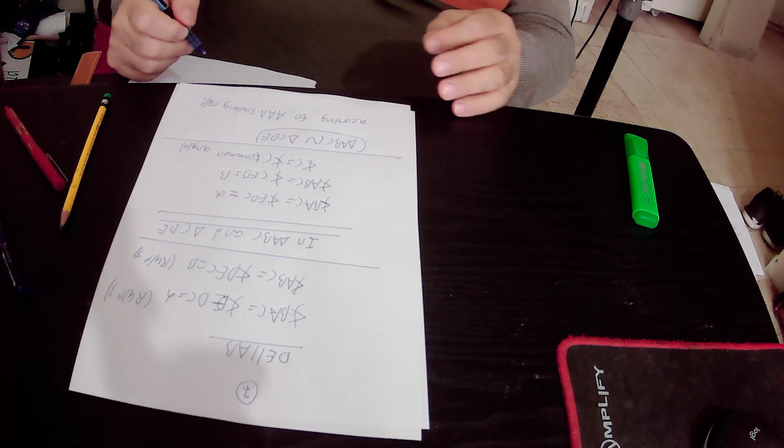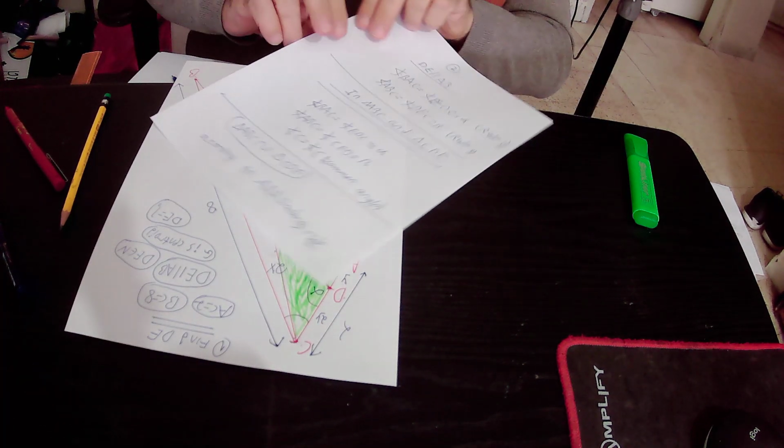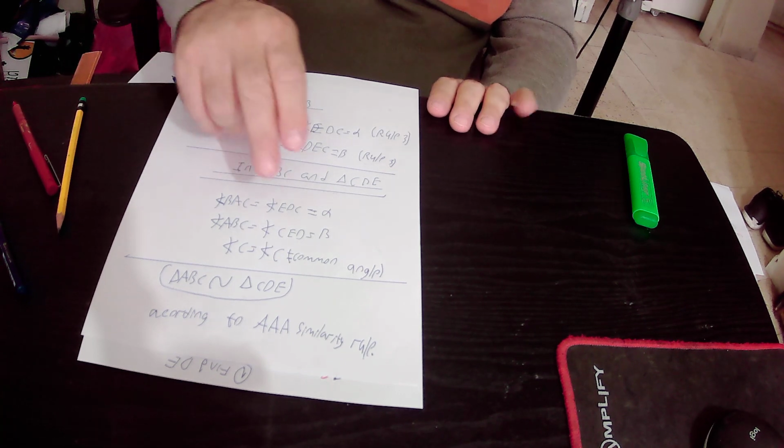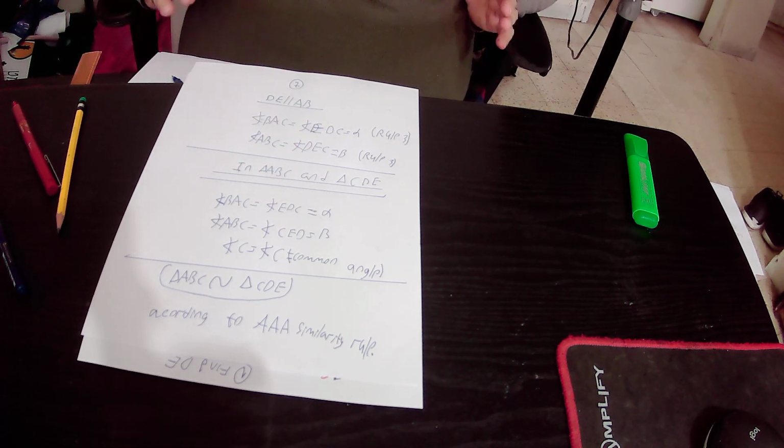Okay, I will read again the things that I wrote. Triangle ABC, the big triangle, is similar to the small triangle, triangle CDE, according to the angle similarity rule.